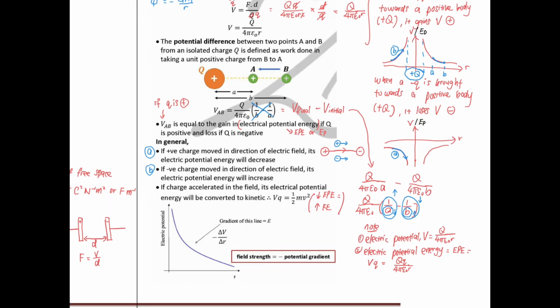No matter which side you approach, you will get an increase in electric potential. If the positive Q approaches from the right, it will come along this way. If the positive Q approaches from the left, then we follow this way. No matter which side, they will increase. That is the reason why I put two sides.